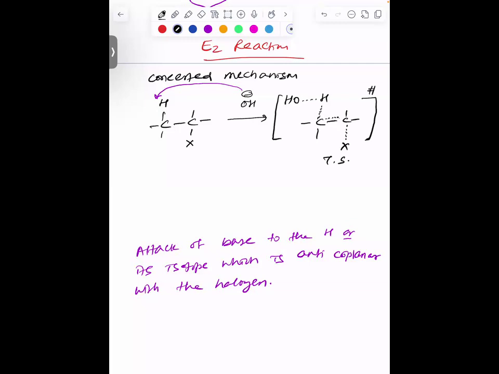So we call it a concerted mechanism, and there is no intermediate, only a transition state. So finally what will happen?